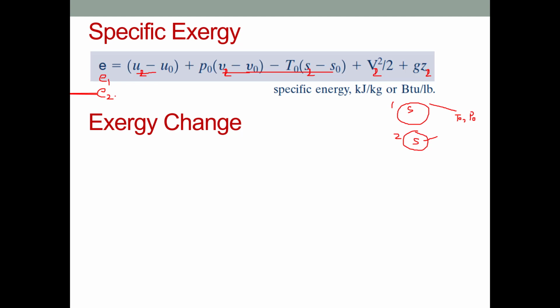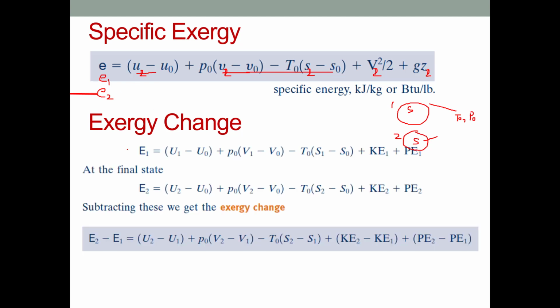Now what's the change in exergy? E2 minus E1. What is the change? You just take final minus initial. So it would be U2 minus U1, V2 minus V1, S2 minus S1. Similarly, the difference of the kinetic energy, difference of the potential energy.